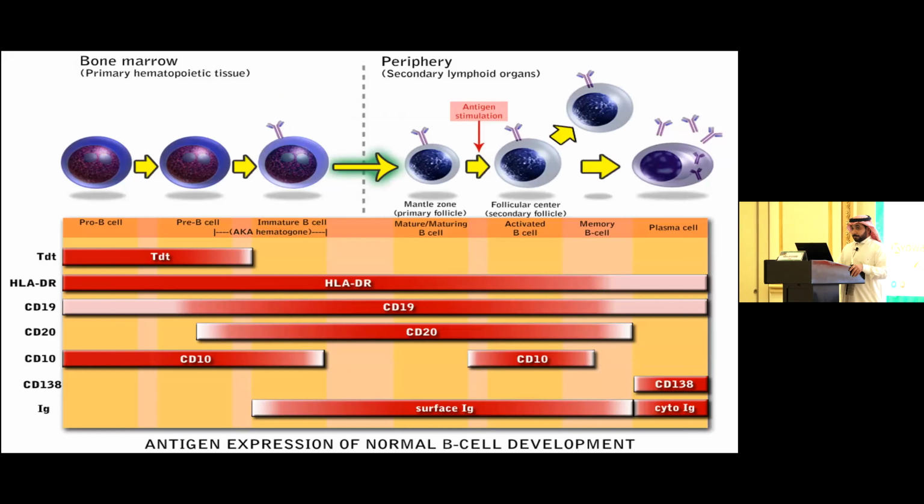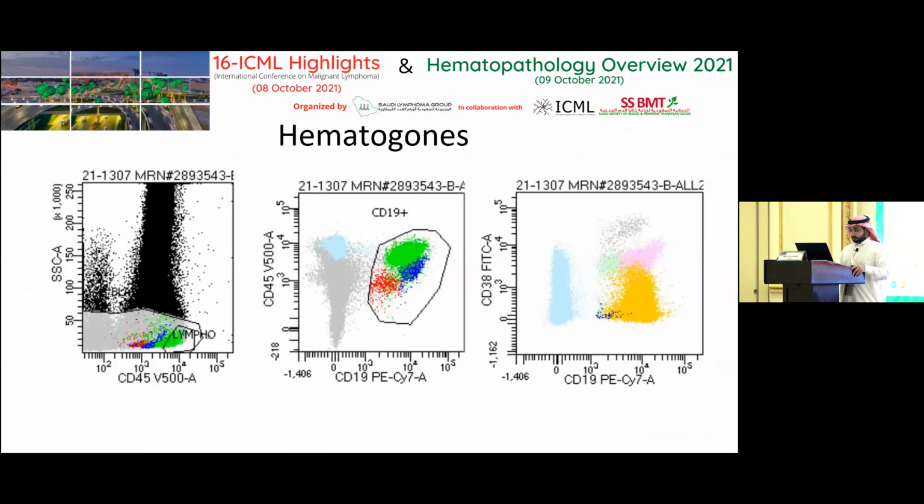Okay. And here you can see the hematogones, especially the three types, the 3 stages, which have a decrease or increase in the expression of CD20 with maturation and loss of CD10.